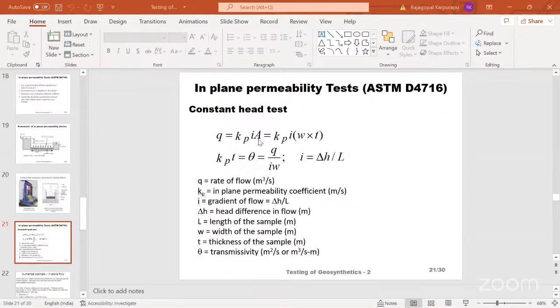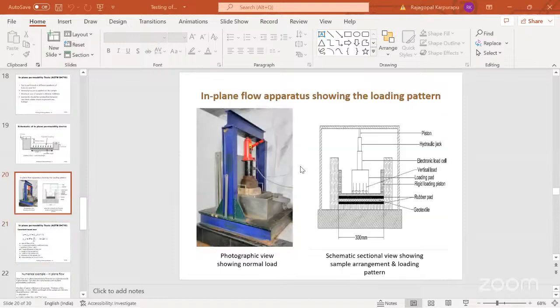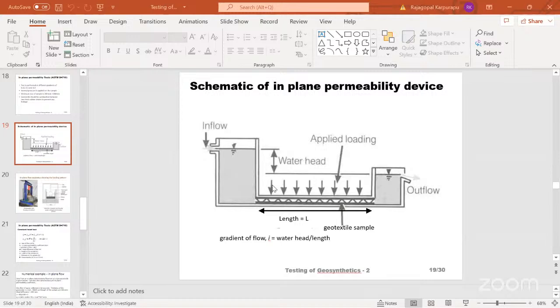The area A is the cross section of flow, that is the thickness multiplied by the width of the sample. Like A is W times T, and so for having a larger thickness, a larger cross section available for the flow, we need a thick geotextile.